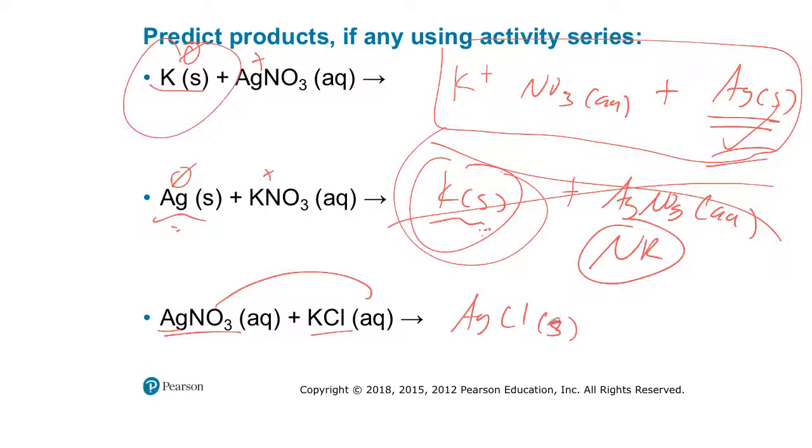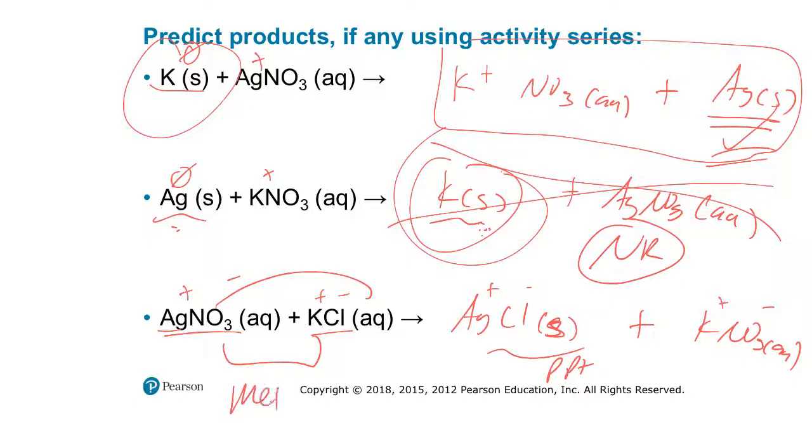AgCl is insoluble, so it's solid, precipitates from the solution, and then we get the other product being KNO3 aqueous. So this reaction occurs, but it's not an oxidation reduction reaction because everything remains with the same oxidation numbers. What changes here is the formation of a precipitate. So we just have a metathesis reaction going on here.